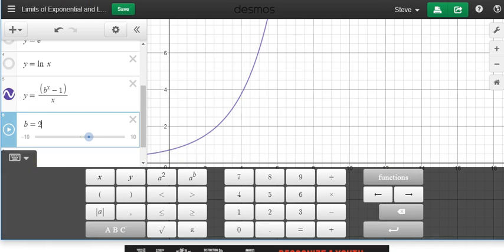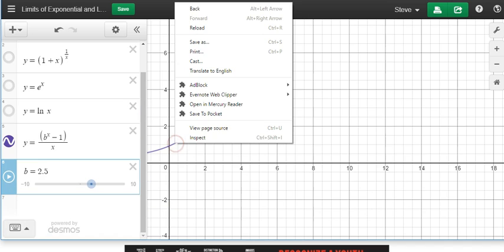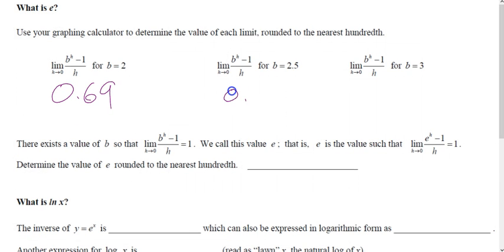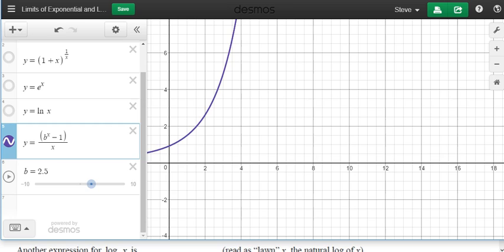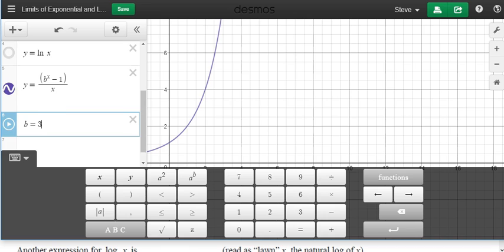So 0.69. What if we make b 2.5? And then we get a value of almost 1, right? Like not quite. So 0.91. What if we do it for b equals 3?